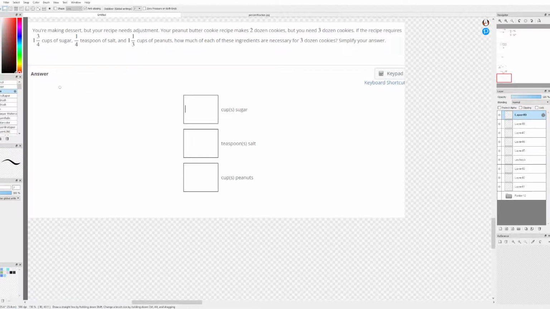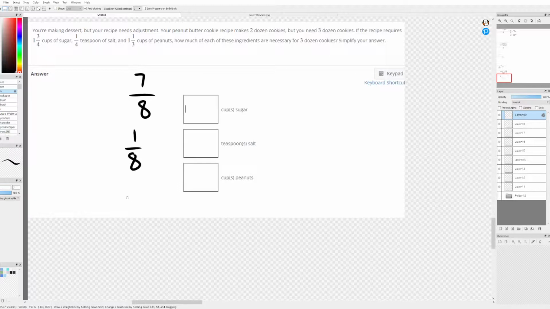So 1 3/4 is the same as 7/4 sugar. We'll divide that by 2, which is the same as timesing it by 1/2, which is equal to 7/8. That's for 1 dozen for sugar. And then 1/4 times 1/2 is 1/8.